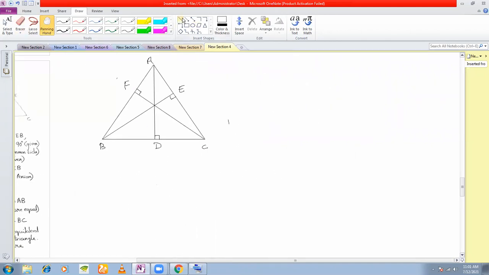First, you will identify if you see these two are the triangles in the figure. Right?